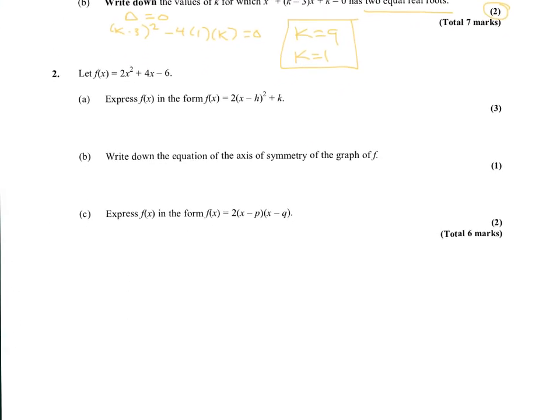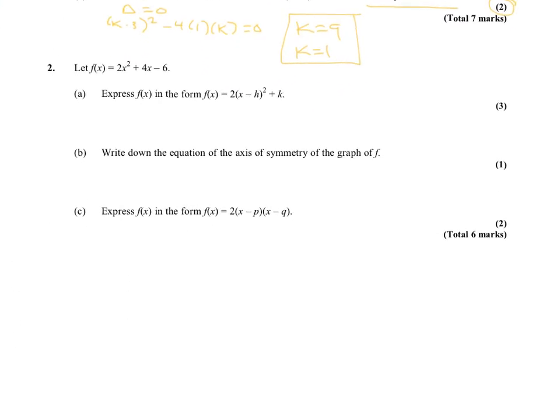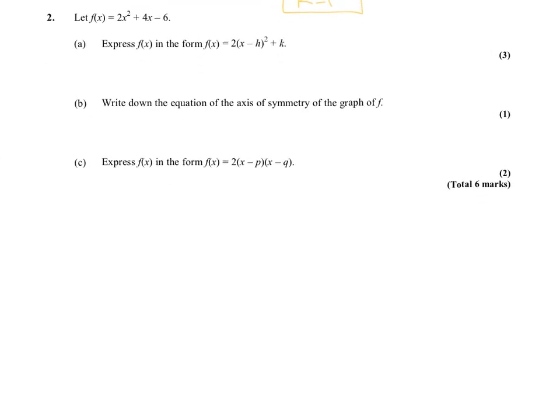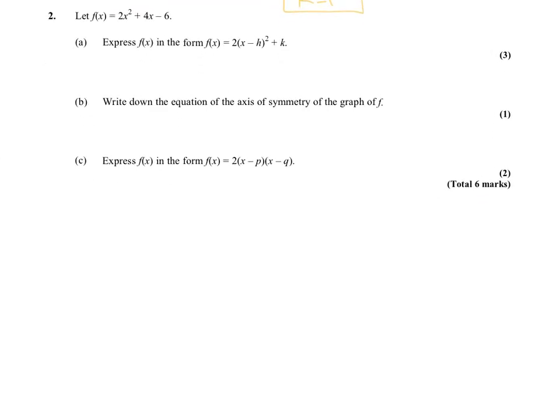Now let's go ahead and look at a second problem. This problem asks us to complete the square. And so we're going to go ahead and talk through how to do that. We can only complete the square when our a is 1. So whenever we have a case like this one where our a is not 1, the very first thing that we have to do is factor that a out.